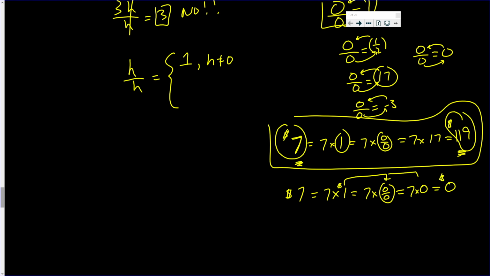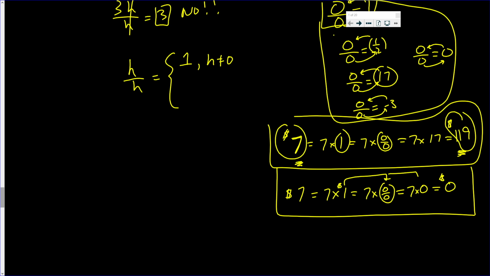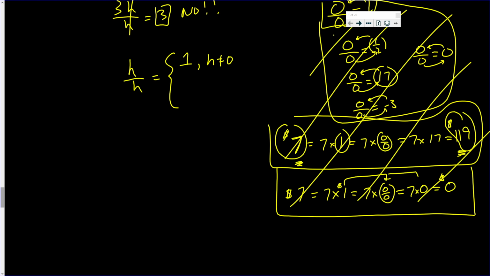And we're both right if we allow 0 over 0 to equal any number. Mathematics is shot. You put $1 in the bank and you ask them to give you back 1 million.